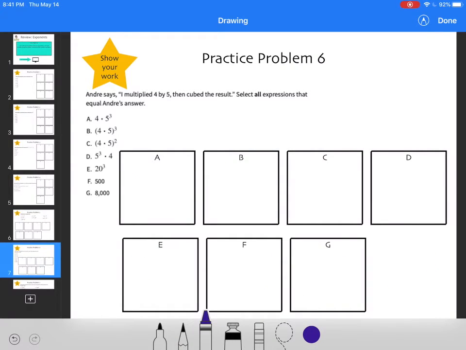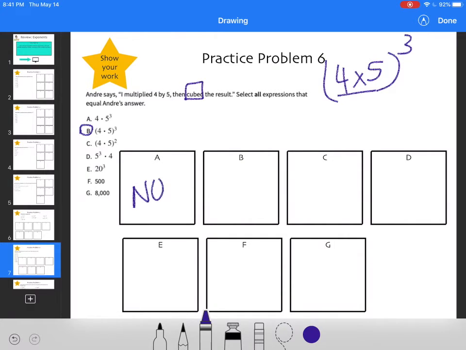So then it says I multiplied 4 by 5. So 4 times 5. Then they cubed the result. So they did this first, then they multiplied it all by 3. So I have to have parentheses around the 4 times 5. So cubed, that means to the third power. So B will work.